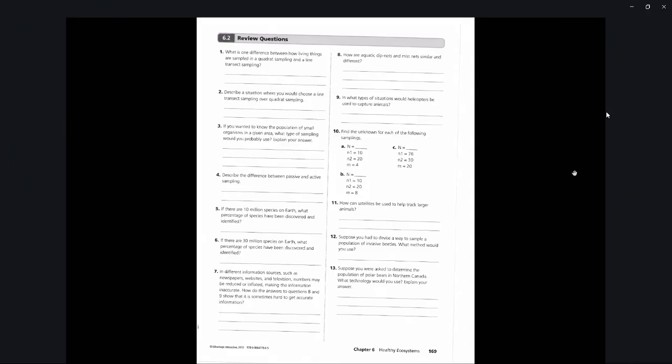Page 169, question number 2. Describe a situation where you choose a line transect sampling over quadrant sampling. All right, I'm not 100% sure that one was as clear.